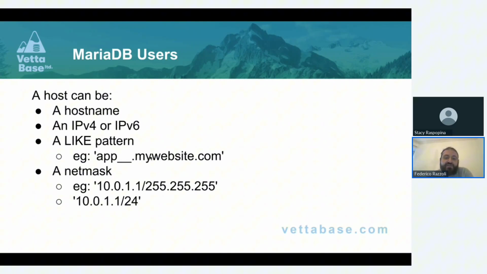The pattern is useful for host names, but for IPs, it makes much more sense to use a net mask. A net mask is written in one of these formats, and basically any IP in this range can connect, matching this pattern in this case.